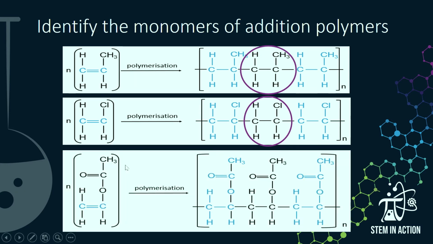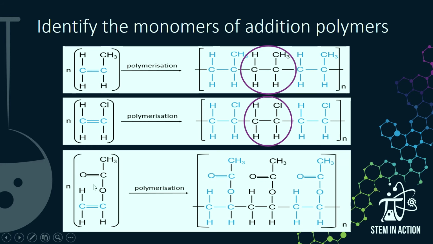And our third example is this one, which looks a bit complicated. But what we have simply done is we have replaced or substituted the methyl group here with the halide group there. And this time we have substituted it with actually an ester link, right? So that's an ester link, and we have already talked about that ester link.